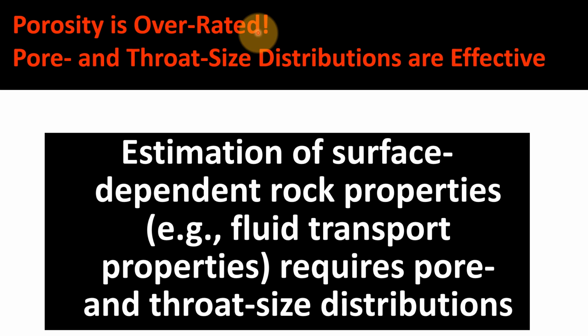Because those are the elements that we need to describe fluid transfer property, because this is very important based on the analogy of the Hagen-Poiseuille equation, is that many of these fluid transfer properties are dominated by surface forces. And surface forces are sensitive to size. So this is the important concept to take away.